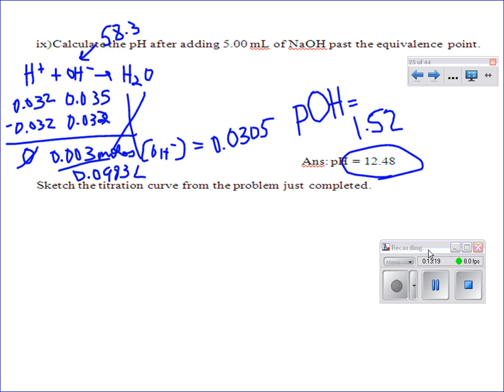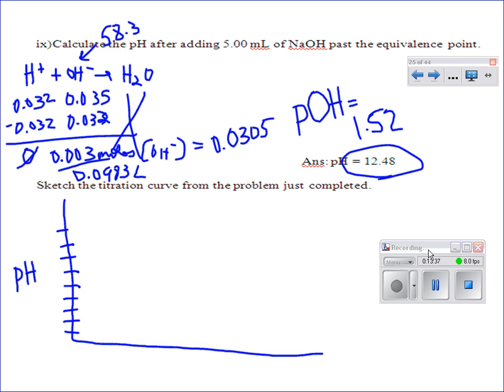So what we're going to do is sketch it based on the numbers. It's a sketch, so it's not going to be exact, so don't freak out. We always put pH on the Y axis. I'm just going to do it in units of 1, up to 13, because we went up to only 12.5.